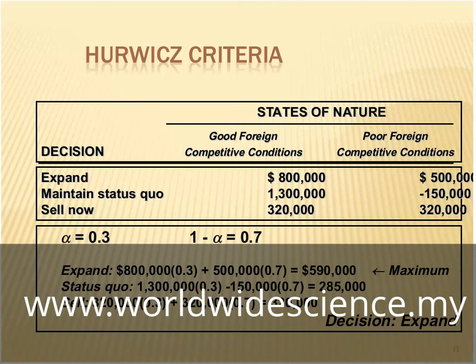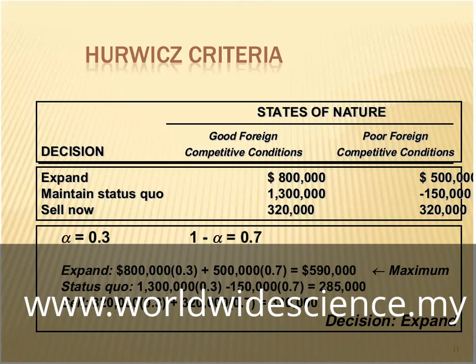In the maintain case, 1,300,000 is good firing competitive. So it should be multiplied by 0.3 minus 150,000 multiply 0.7 is produced 285,000, and in the sell, 320,000 times 0.3 plus 320,000 times 0.7 produce 320,000.